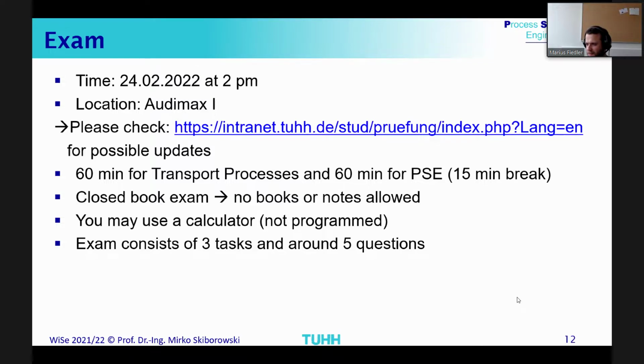Any questions? I have a question regarding the exam. Could we have something like test or sample questions, just to get an idea of how the questions would be structured? Let's see.